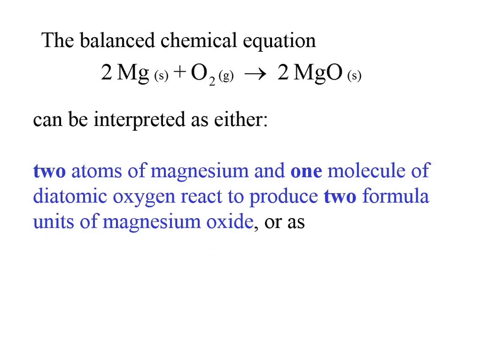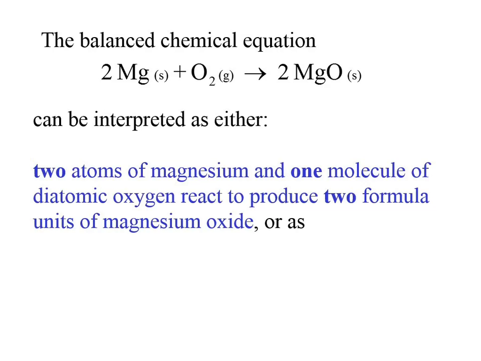So, for instance, when magnesium reacts with oxygen to form magnesium oxide, in order to balance it, you need coefficients of 2, 1, and 2 respectively. Then you have the same number of magnesium and oxygen atoms on either side of the reaction arrow. When I go to balance that, I think of magnesium atoms, an O2 molecule, and magnesium oxide formula units.